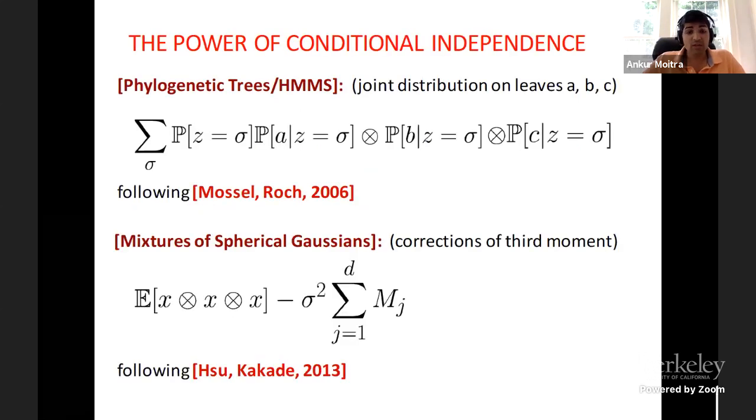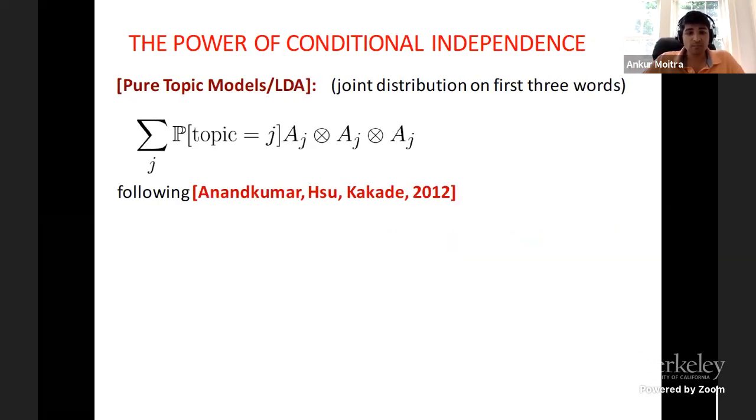So this is the power of conditional independence. We get an algorithm for learning mixtures of spherical Gaussians, and it just works. You can also talk about other generative models, other latent variable models. There's a really nice one that I've also worked on called topic models, where you think about the following type of generative model. You're observing documents, which themselves are bags of words, and you see which words show up in those documents.